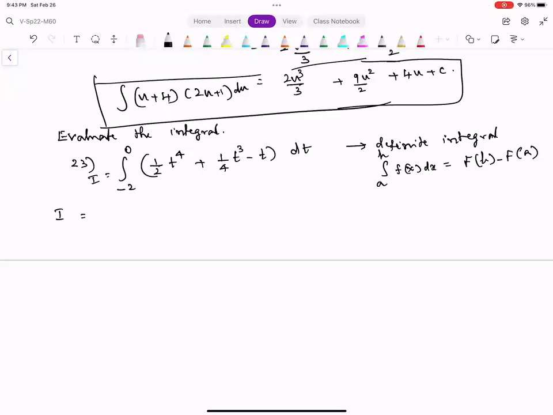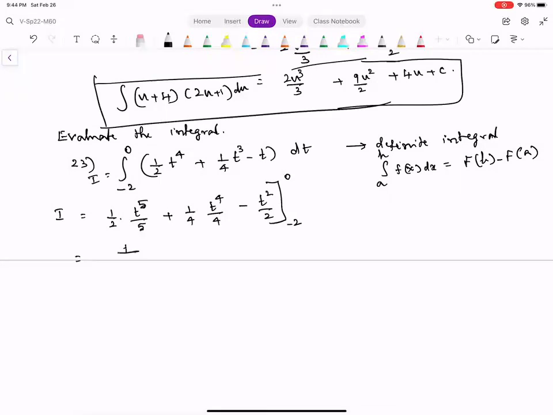So I'm going to integrate each one of them. So half t to the power 4, on integration, becomes t to the power 5 over 5 plus 1/4 t to the power 4 over 4 minus t square over 2. This needs to be evaluated between -2 and 0.